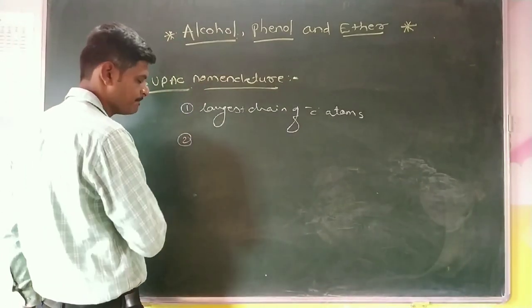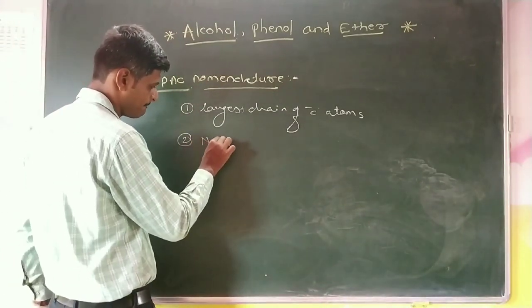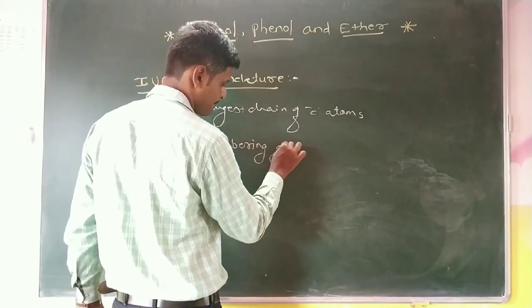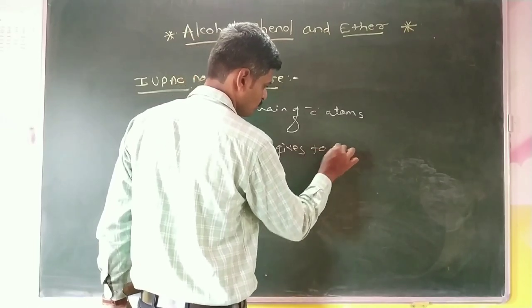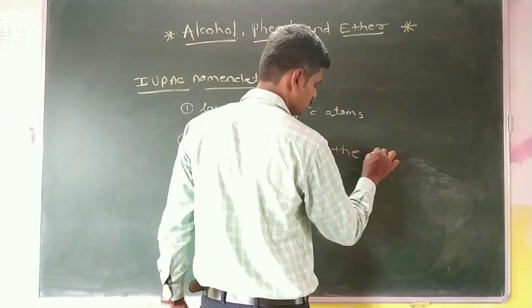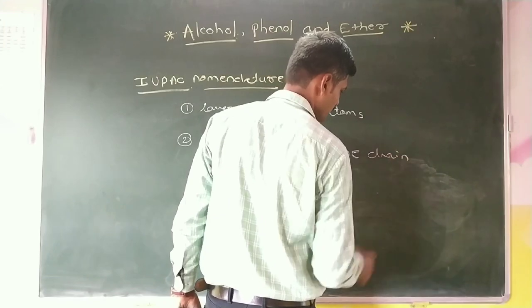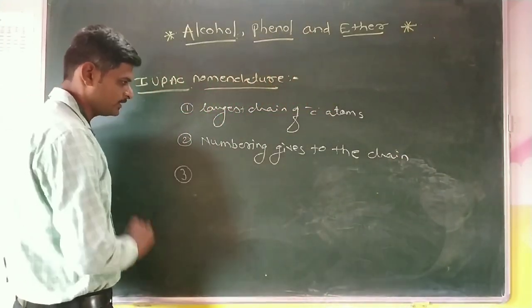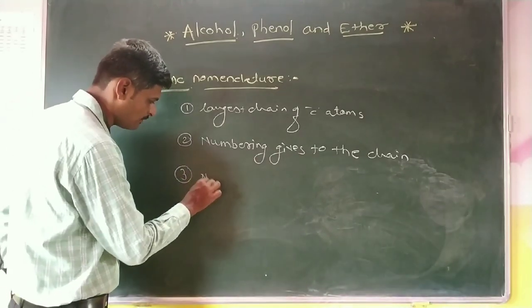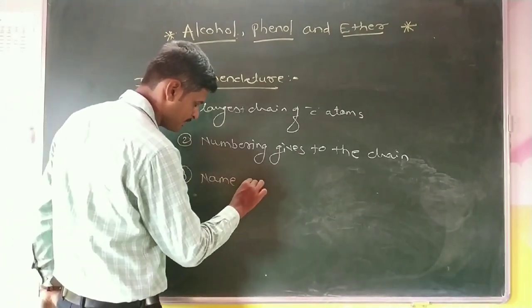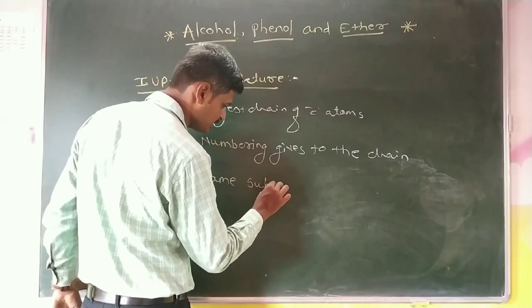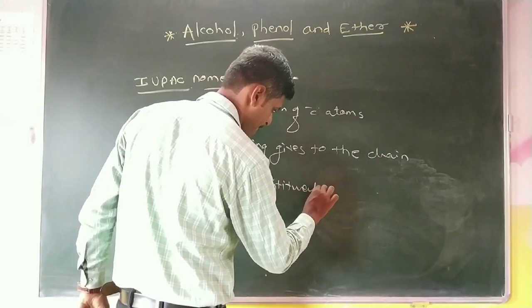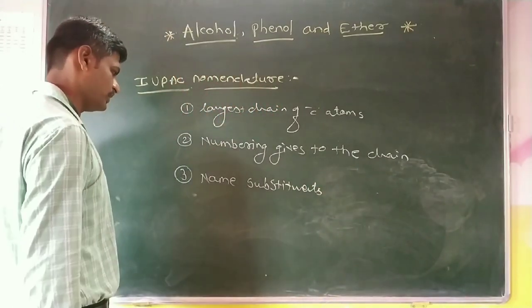After that, numbering is given to the carbon atom chain. Then the third point is the name of substituents.